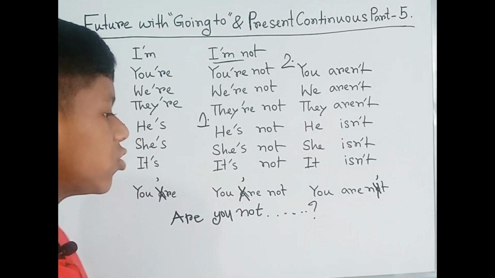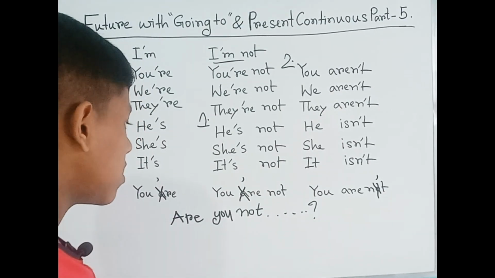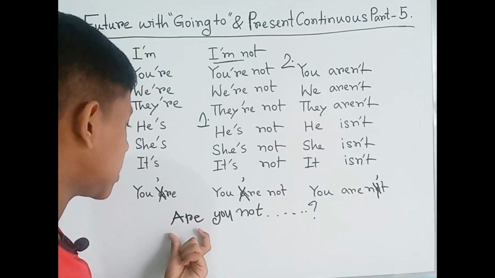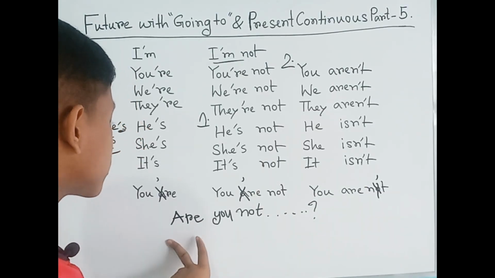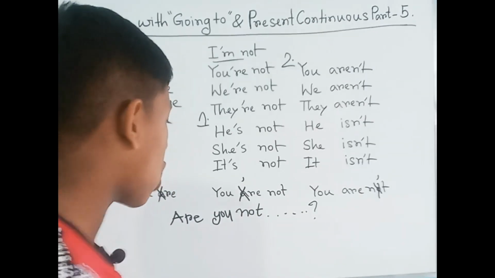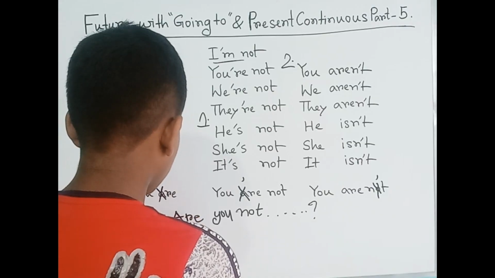So here, how can we contract it? How can we get the spelling? In this case, you have to gather the are and the not. So we can write it like this.